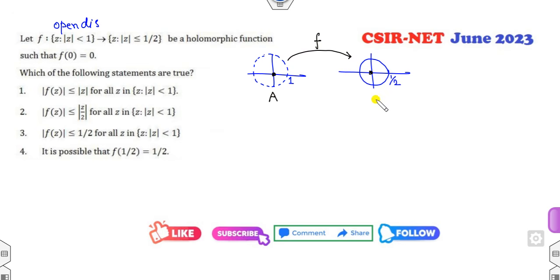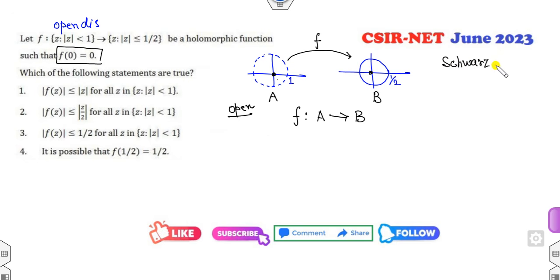I call this my A, this is my B. So F is the mapping from A to B, such that F of 0 is 0. Then, whenever F of 0 is 0 and it is given as open, we focus on that result.